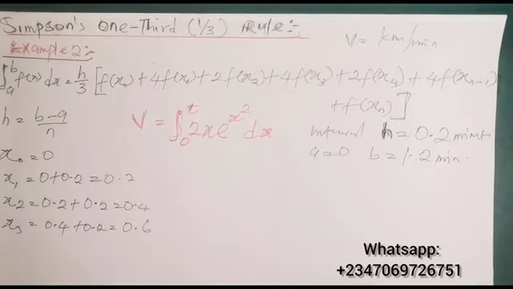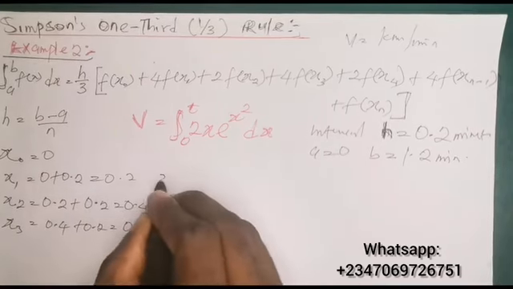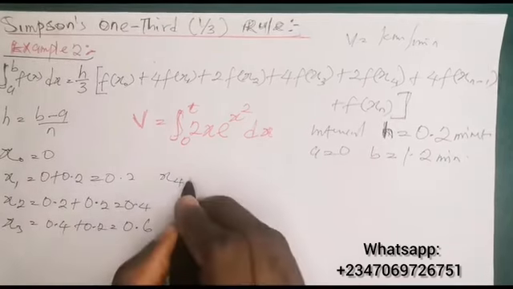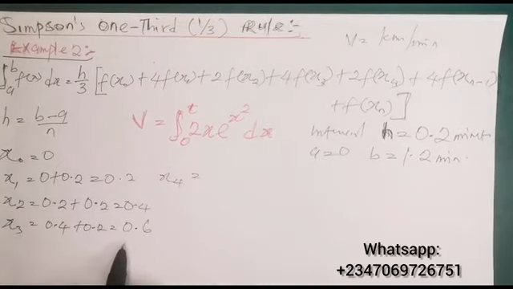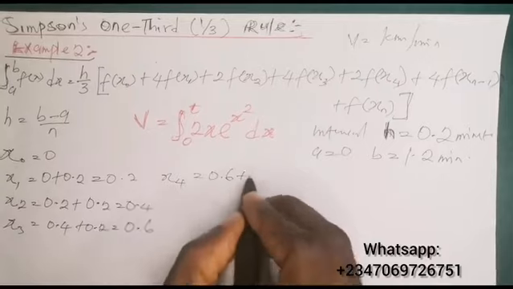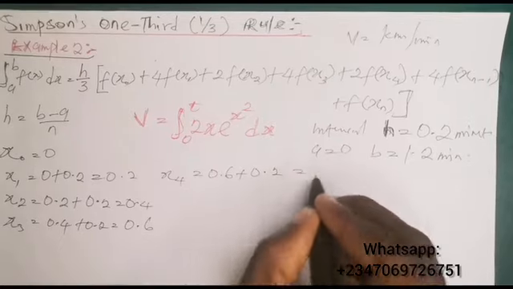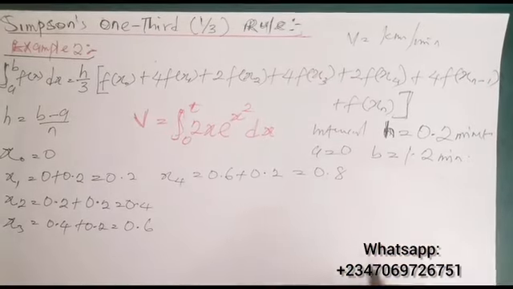0.6. Next you find x4. x4 becomes x3 plus the interval, and x3 is 0.6 plus interval 0.2. This simply gives us 0.8.